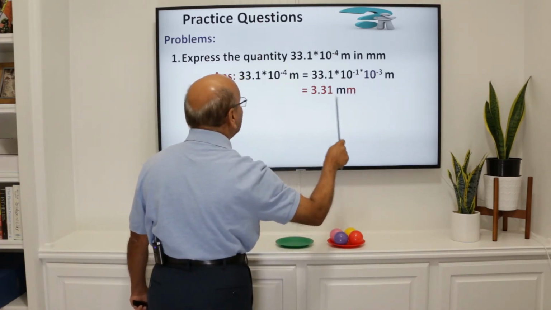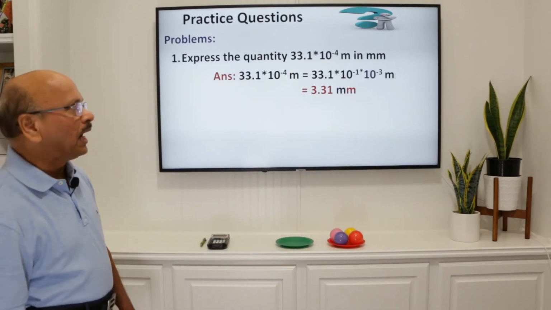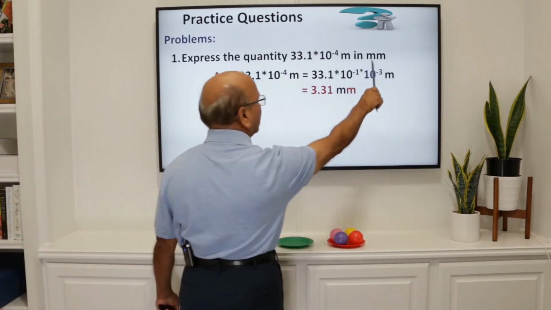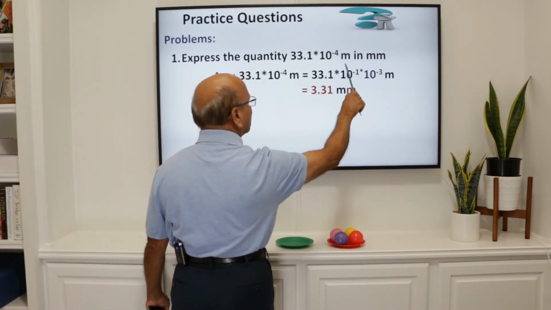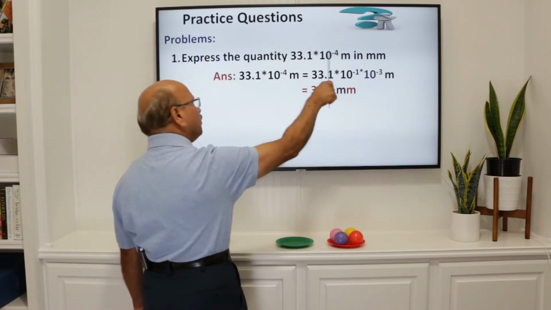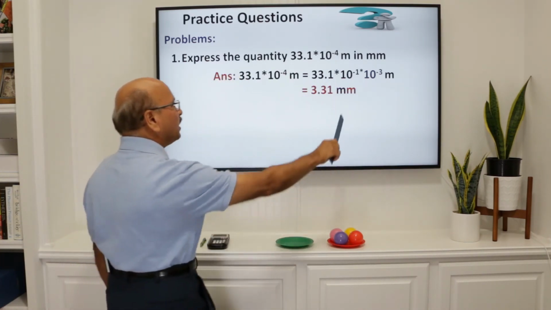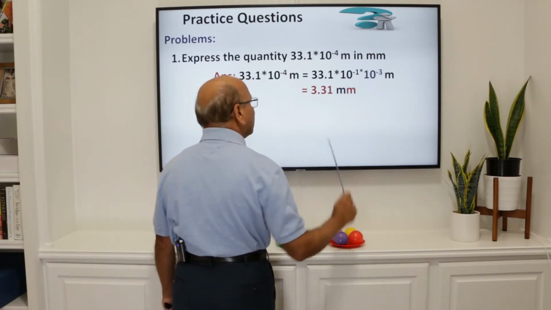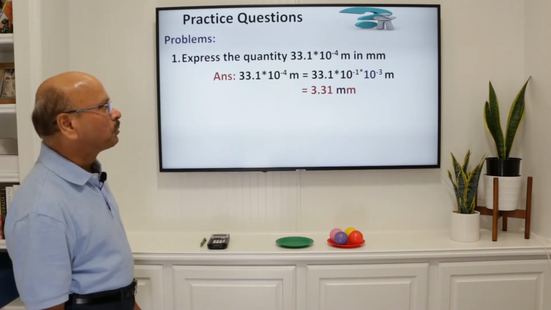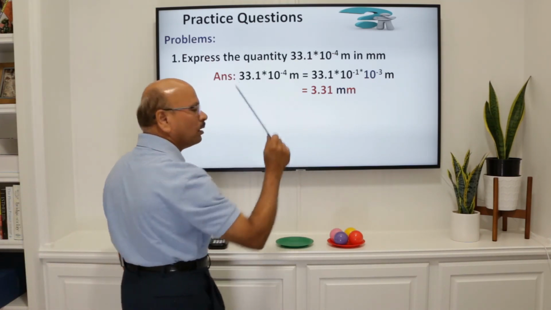Why? Because I need the milli, and remember, according to our prefix multiplier idea, the milli is 10 to the power negative 3. Whatever comes here, 10 to the power negative 1, I'm going to combine with the 33.1, which gives you 3.31. And instead of the 10 to the power negative 3, I use the letter in the prefix multiplier system, which is the milli. So it's 3.31 millimeter.